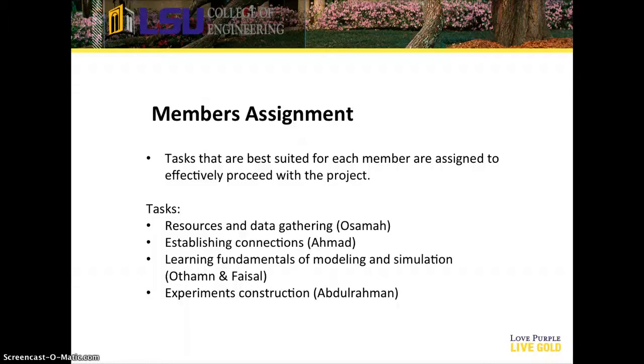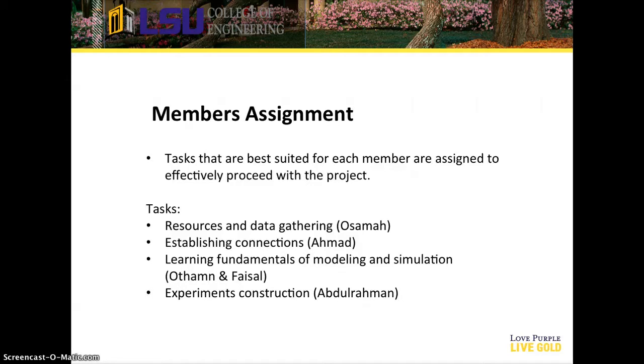Now, members assignment. We have assigned each group member to perform the tasks that are best suited for each individual to effectively proceed with the project. These tasks are 1. Gathering data and resources, in other words, research and findings. 2. Establishing reliable connections. 3. Learning how to design a model and simulate a reservoir and therefore mastering them. 4.